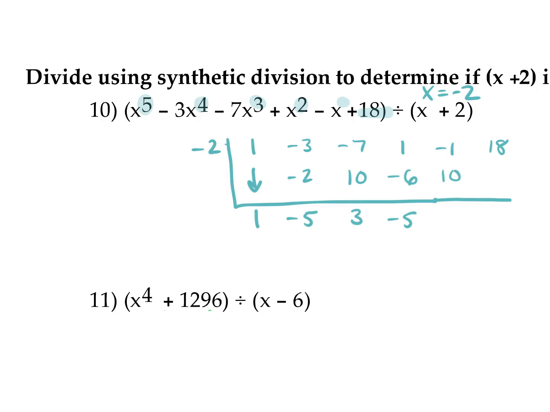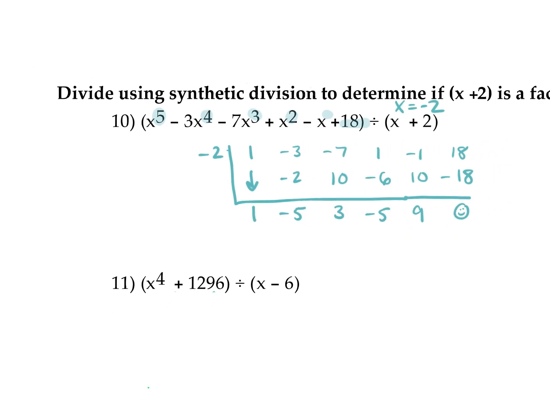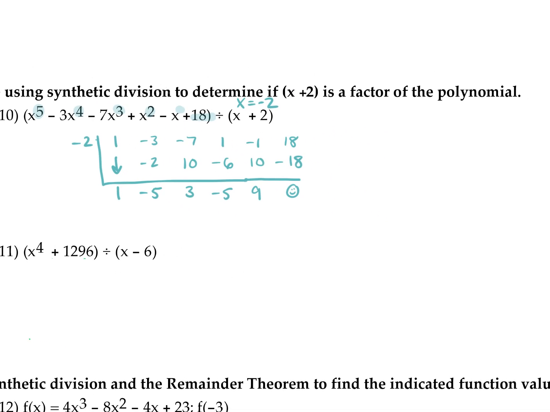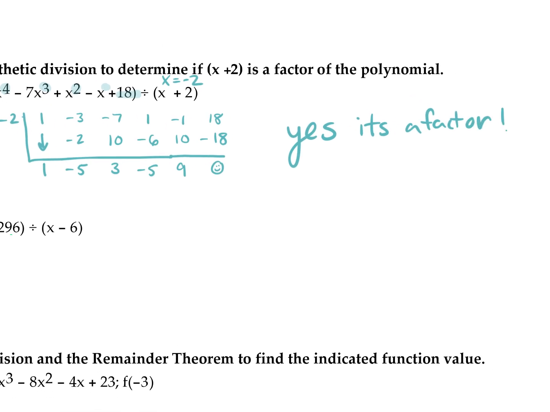Multiply, 10. Add, this would be 9. Multiply, negative 18. Add, we get 0. Is x plus 2 a factor? Yes. So that's what this question is asking, is to determine if x plus 2 is a factor. So yes, it's a factor. When you get 0 as the remainder, it is a factor.